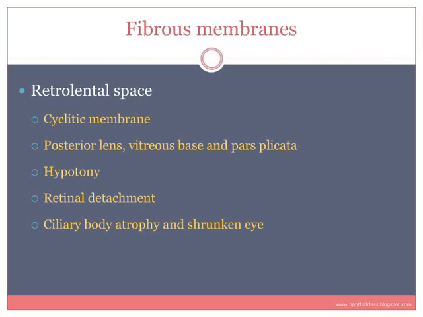This results in decreased production of the aqueous and hypotony. It can also contract and pull the retina and result in tractional retinal detachment. Long-standing cyclitic membranes can result in atrophy of the ciliary body and permanent reduction in the production of aqueous. Ultimately, this results in a shrunken, sightless eye.